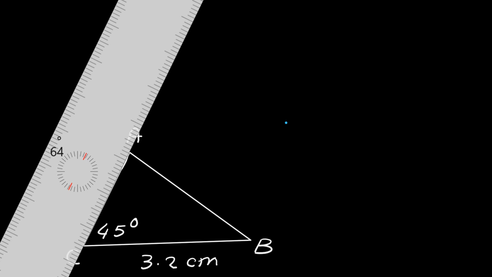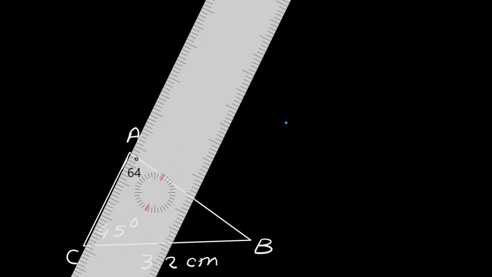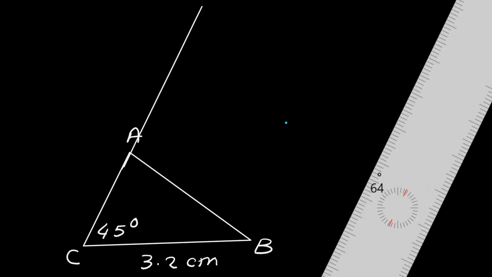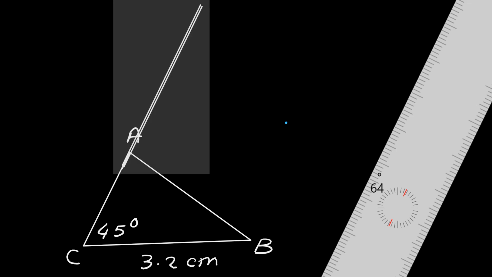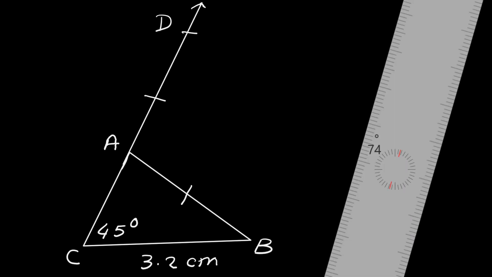So take point D on ray CA such that C-A-D and AB is equal to AD. Join.